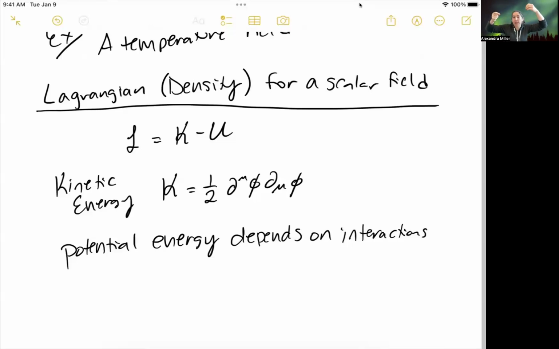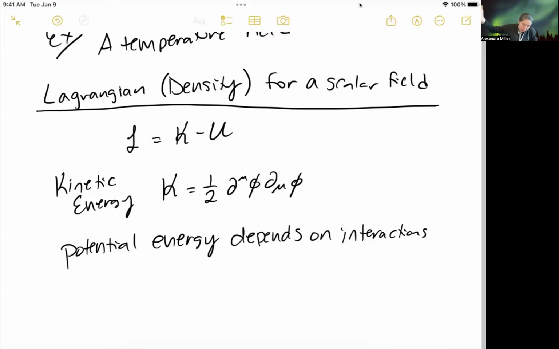So if we know that an electron and a positron interact with each other, then in our field theory, those fields should have some term associated with those interactions. If the two things totally ignore each other, like a photon and a neutrino, the neutrino is electrically neutral, it doesn't interact with the photon, so there should be no term associated with the interaction between them. But for things that interact with each other, that have some force, there should be a term associated with each of these interactions.